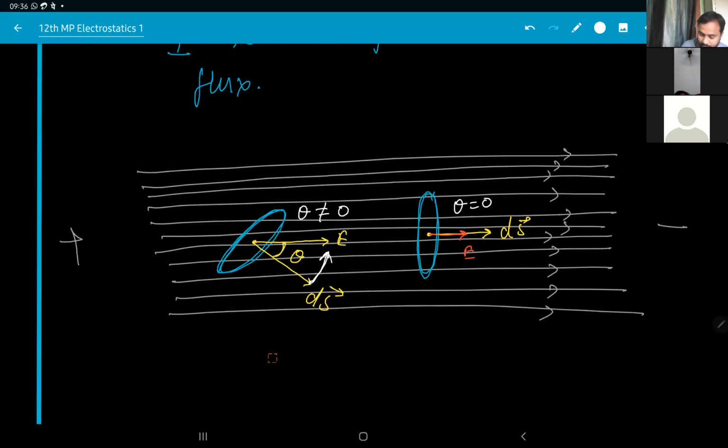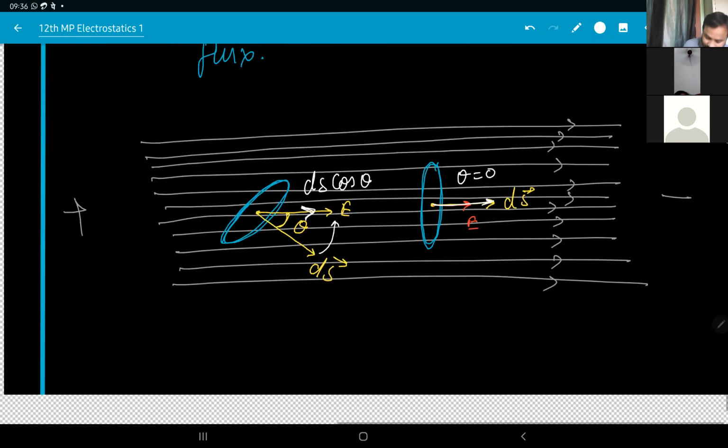To make it perpendicular, we have to resolve ds in the direction of E. So what would be the resolution? ds cos theta will work in the direction of electric field.